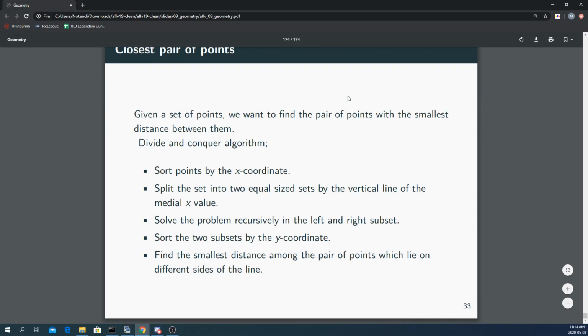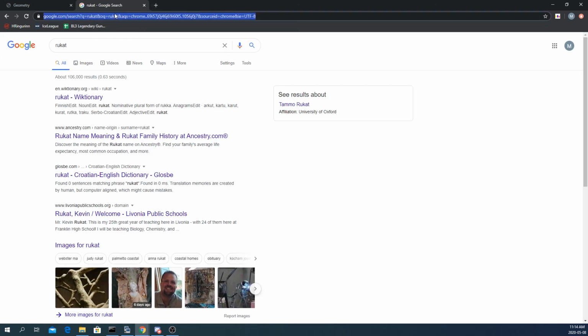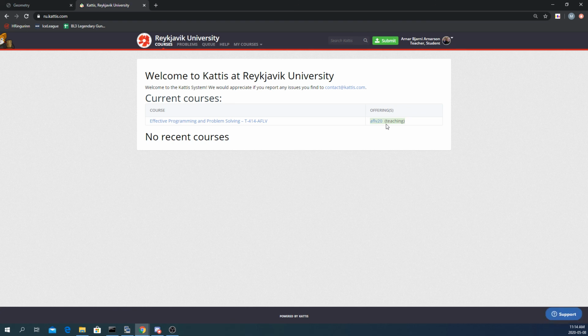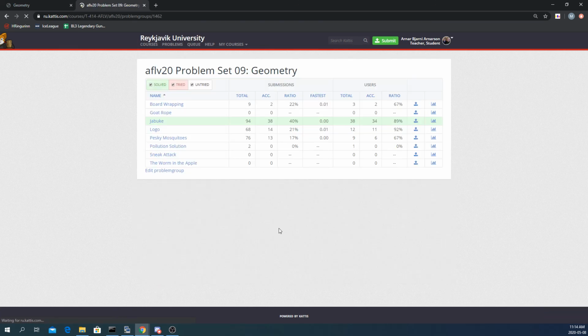So let's look at the problem set. This time there are 3 bonus problems. There are the 3 here at the bottom. It's Pollution Solution, Sneak Attack, and The Worm in the Apple.